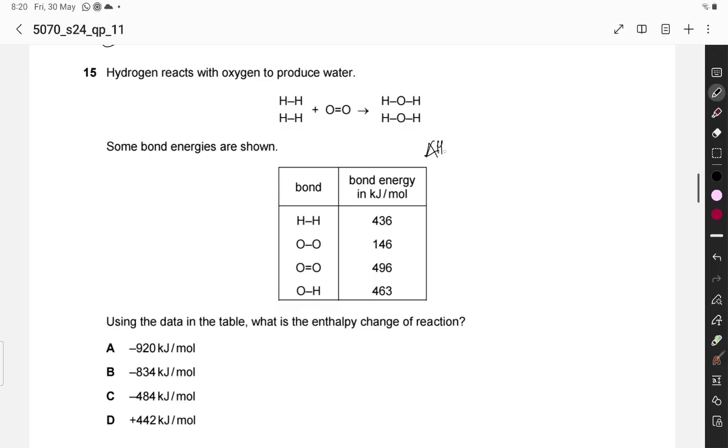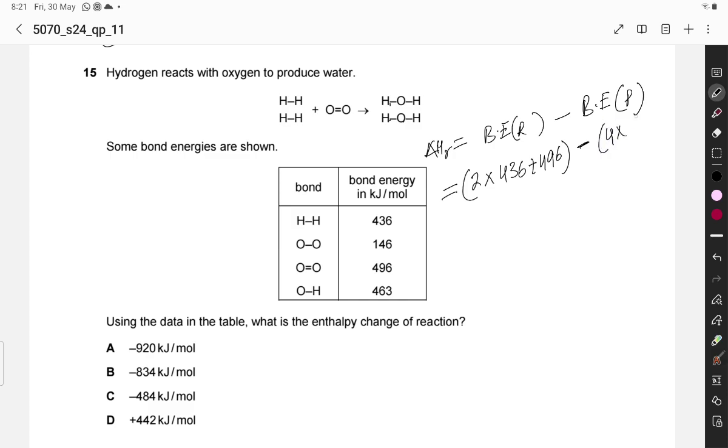Enthalpy change of reaction is equal to bond energy of reactants minus bond energy of products. So reactants have 2 moles of hydrogen, 2 bonds, 2 into 436, plus 1 bond of oxygen double bond, that is 496, minus 1, 2, 3, 4 bonds of OH.